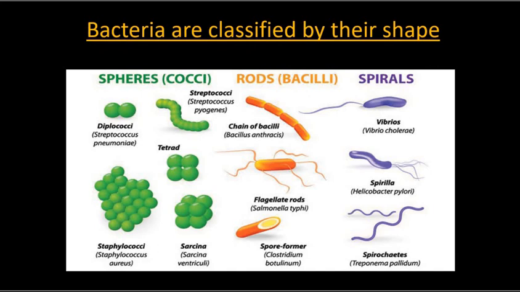Okay, the bacilli, you probably see some that you identify there. You have anthracis, which is what causes anthrax. You've probably heard of it. It's a disease that is common in sheep and things.